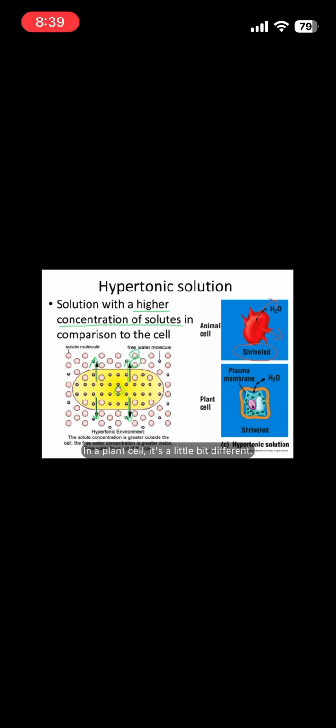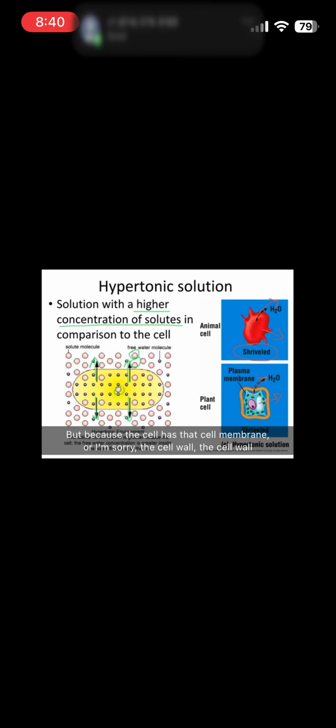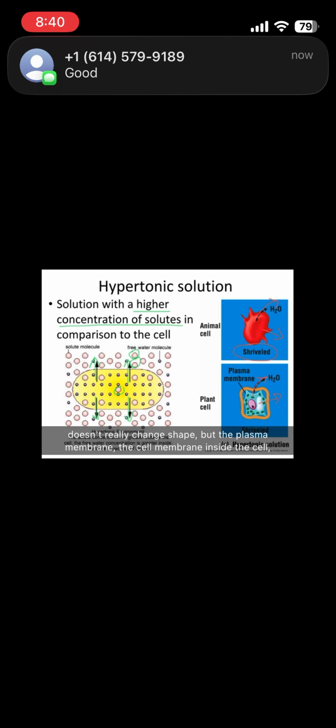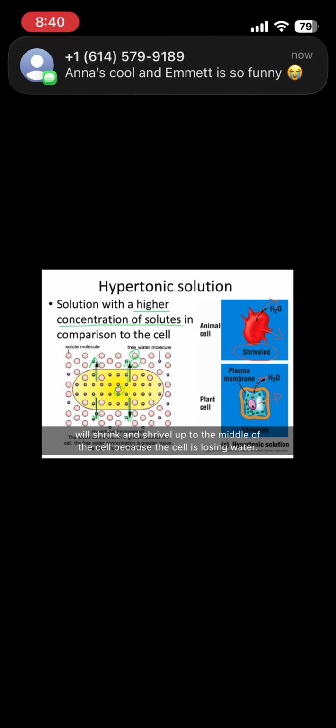In a plant cell, it's a little bit different. The plant will still lose water to the environment. There'll be a net movement of water out of the cell. But because the cell has that cell wall, the cell doesn't really change shape, but the plasma membrane, the cell membrane inside the cell, will shrink and shrivel up to the middle of the cell because the cell is losing water.